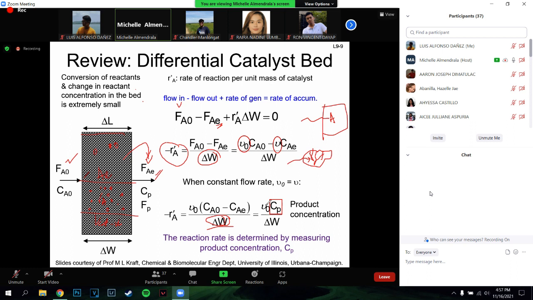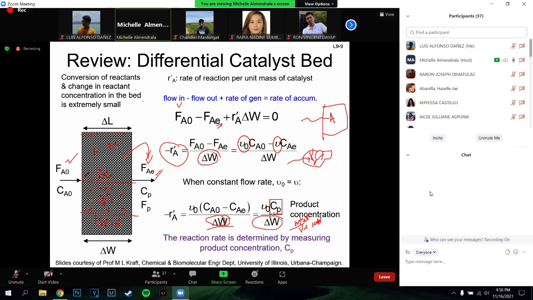That's why it's not the volume; this is actually weight per volume of reactor. Weight of catalyst per volume of reactor. You will see more of this when we discuss the catalytic reaction.